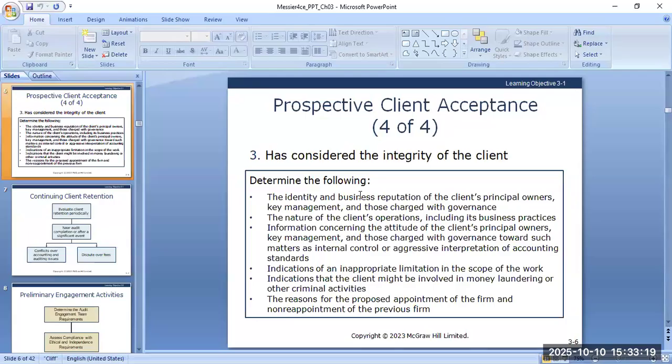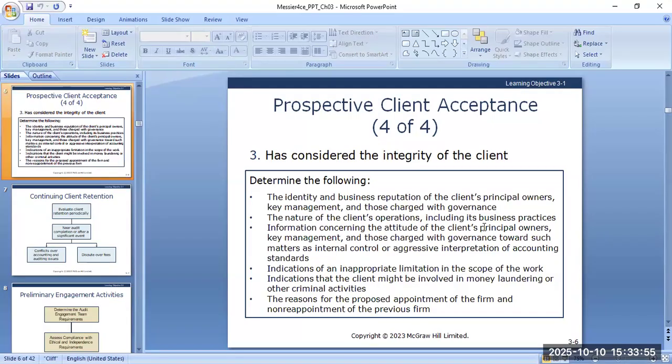And the third one is, now we have to consider the integrity of the client. What that means is we have to determine the integrity of the business and the business reputation of the client principals, owners, key management, and those charged with the governance of the company that we are about to audit. Then we have to consider the nature of the client's operation, including the business practices.